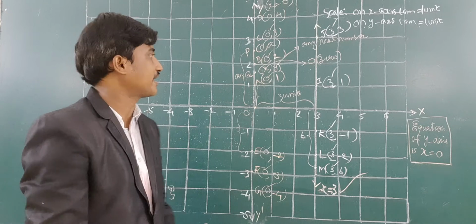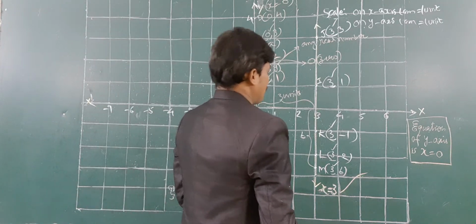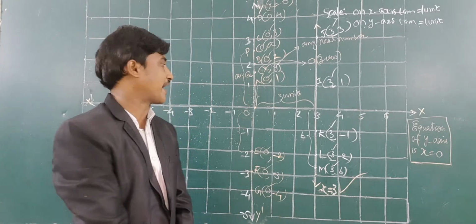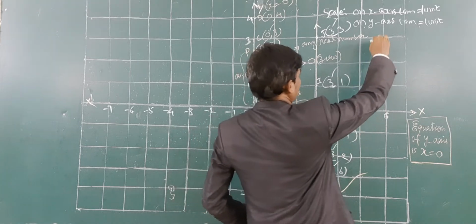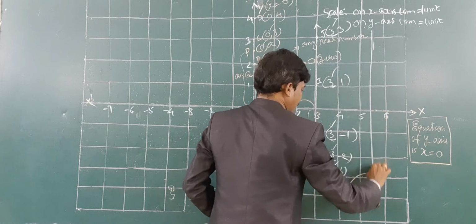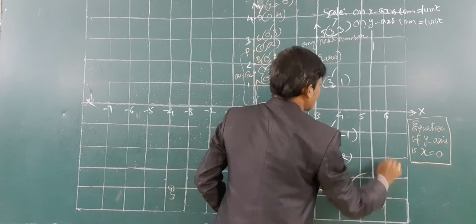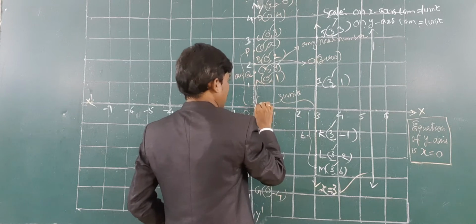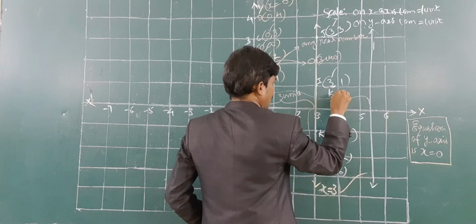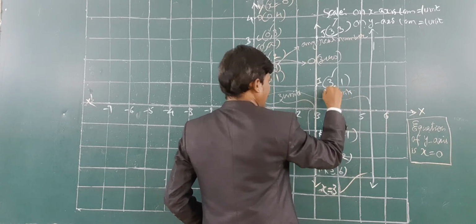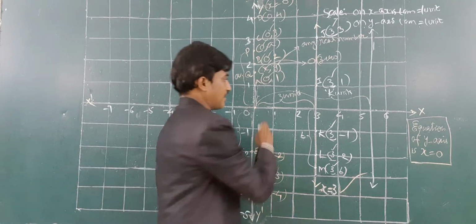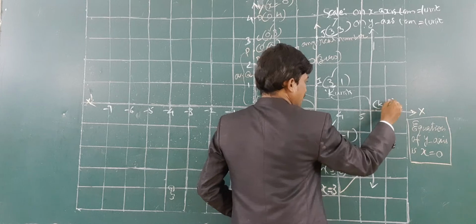If I am making another line which is at a distance of k units from y-axis, and we observe the points, here the point is k comma 0.